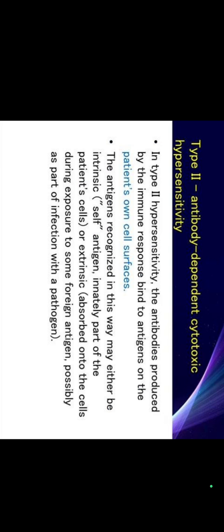Type 2: antibody-dependent cytotoxic hypersensitivity. In type 2 hypersensitivity, the antibodies produced by the immune response bind to antigens on the patient's own cell surfaces. The antigen recognized in this way may be either intrinsic or extrinsic.